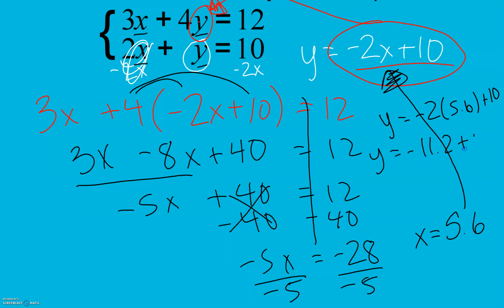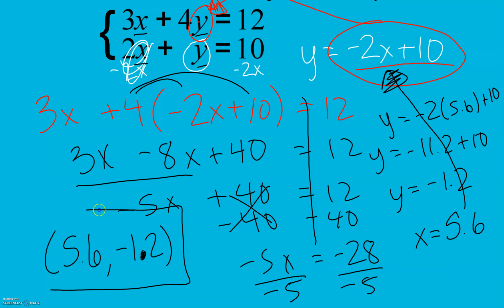Negative 11.2 plus 10. y equals negative 1.2. So my solution here is the ordered pair (x, y) equals (5.6, negative 1.2).